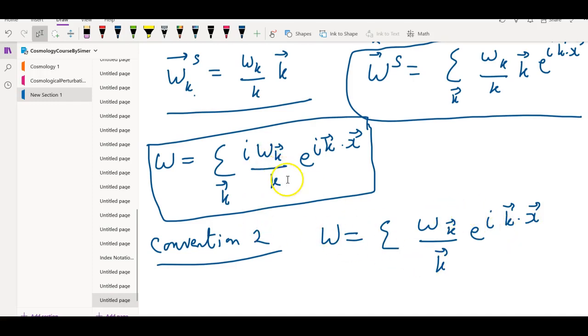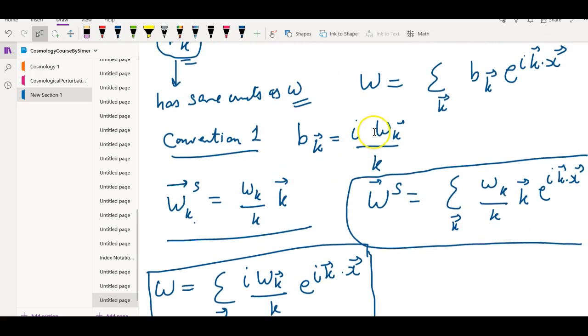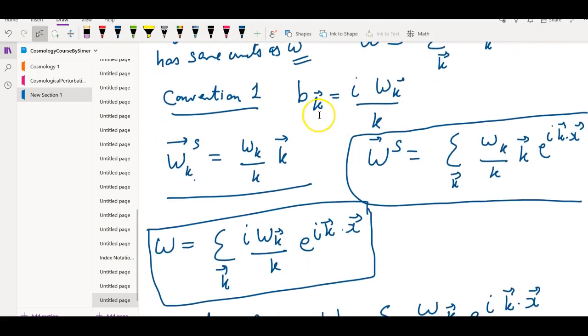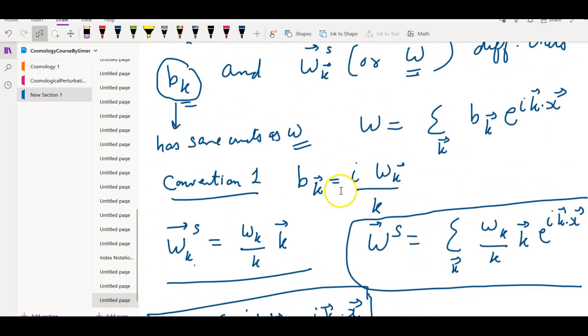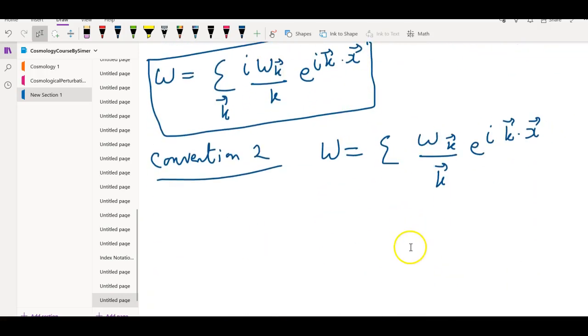How can we express W like this? So I can write BK as WK over K. So I will write BK without iota. So in this case, I would write BK as WK over K, and then W becomes this.